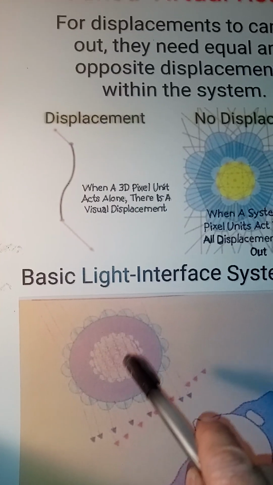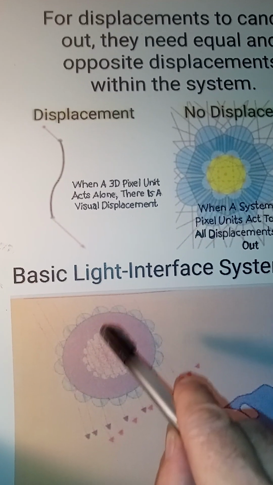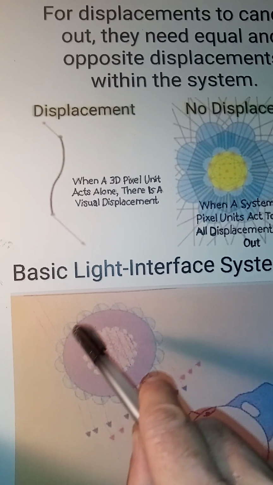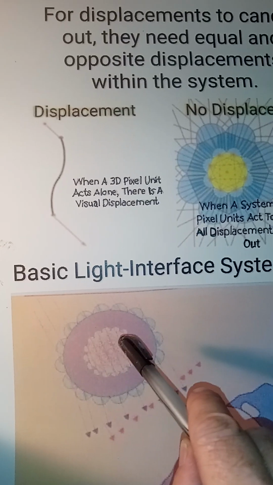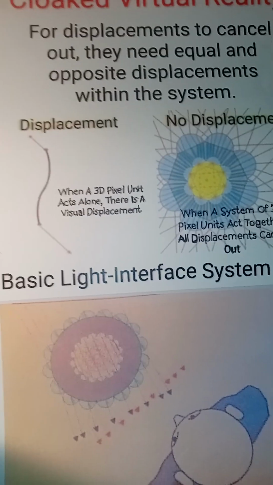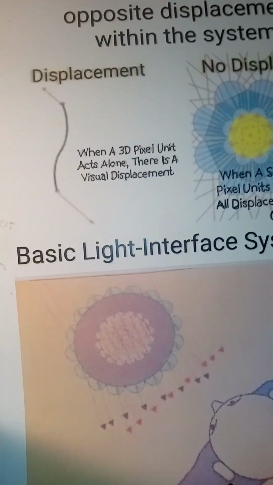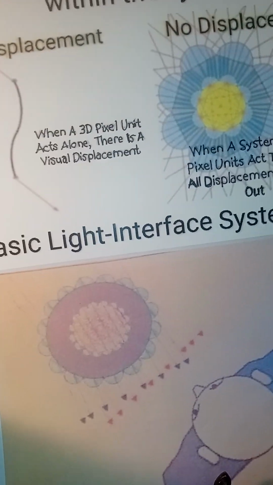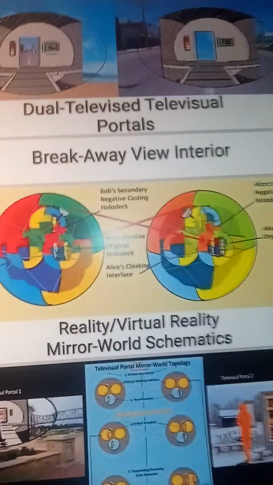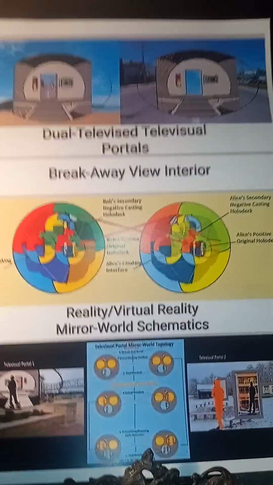This is the inverse relationship between invisibility on the outside and the holodeck that it produces as a byproduct of sending light through the object. And this is just a cross section of a sphere. And what these lead to, ultimately, besides puppet light interface and invisibility suits, are portals.